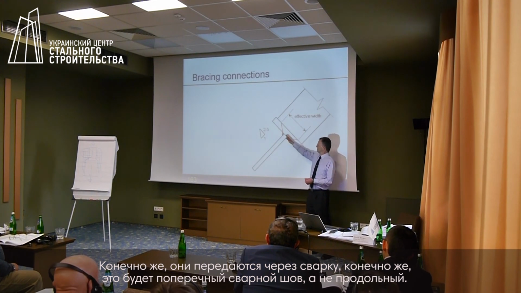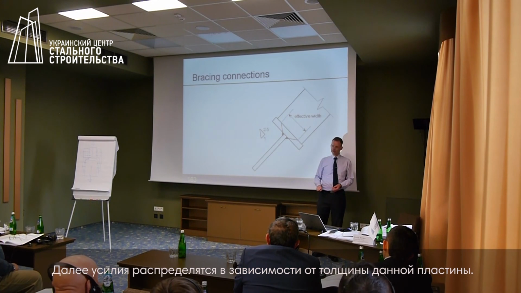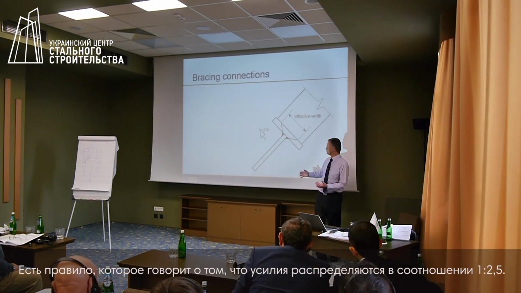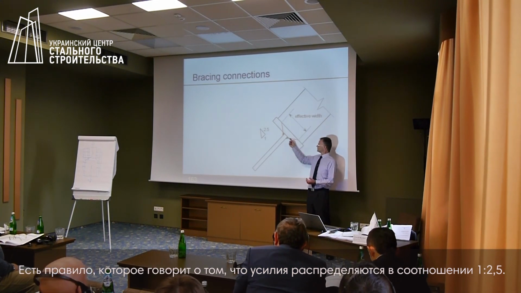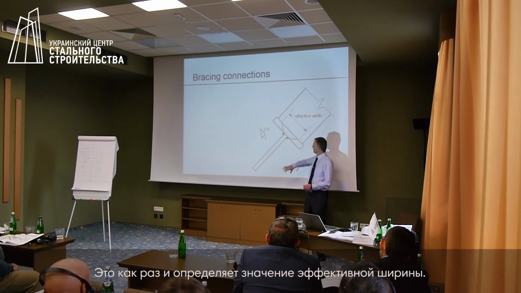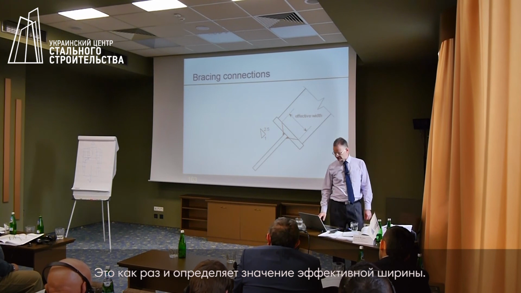But then the force is going to spread, and it's going to spread depending on the thickness of the end plate. So there are rules that say this spread is considered to be at 1 in 2.5, and that will establish the dimension of that effective width.